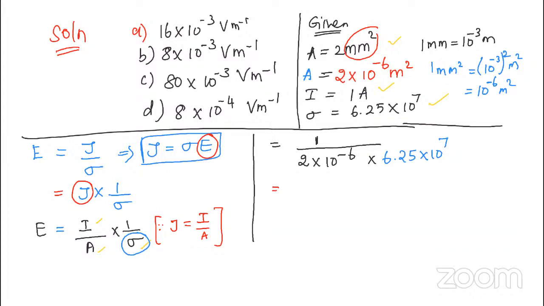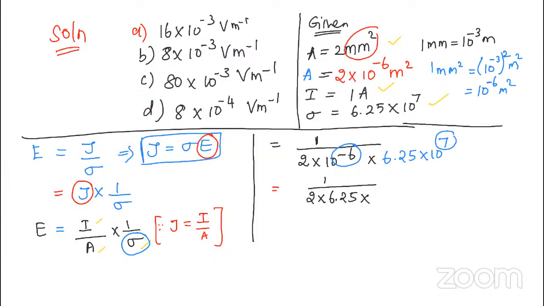The powers are minus 6 and plus 7. So on substituting, it is 1 divided by 2 into 6.25, with powers plus 7 and minus 6.